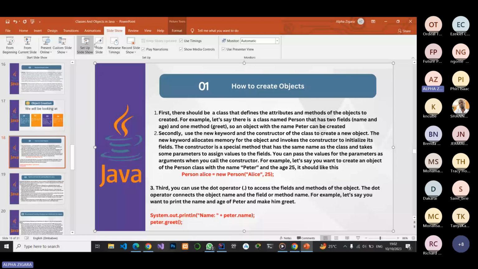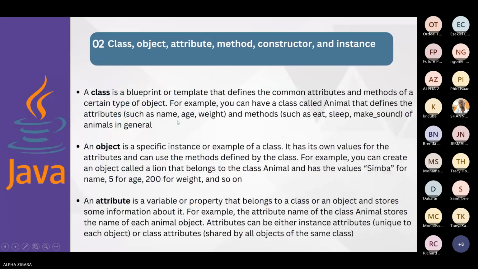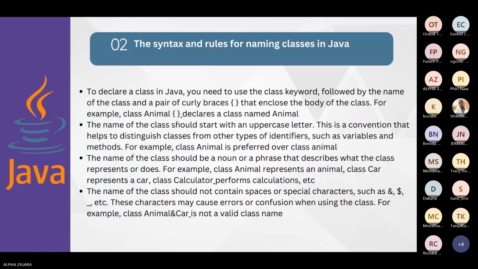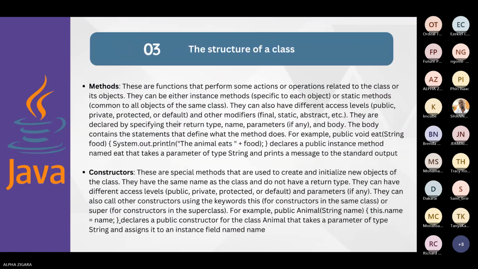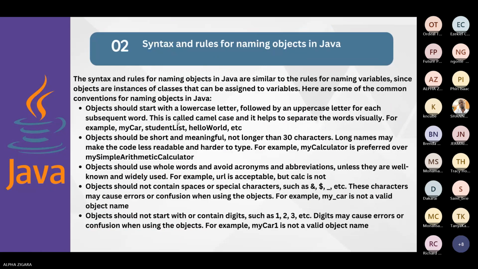Next one, the syntax and rules for naming objects in Java. Since objects are instances of classes that can be assigned to variables, here are some of the common conventions for naming objects in Java.